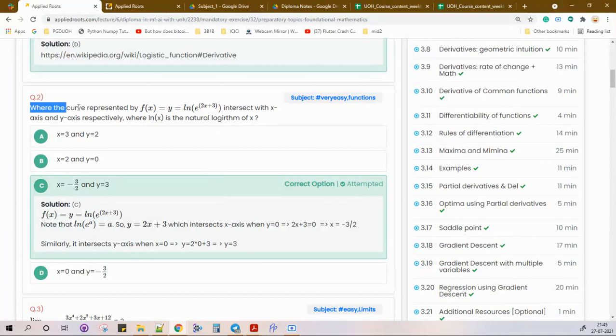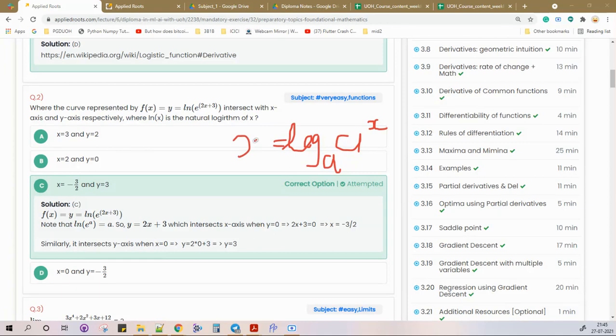Where the curve represented by y equal to f of x equal to ln, the natural logarithm, of e to the power 2x plus 3, intersects the x-axis and y-axis respectively. Now, here we need to remember one rule. If you have a logarithm with any base a, and a to the power x is given, then it is equal to x, right?